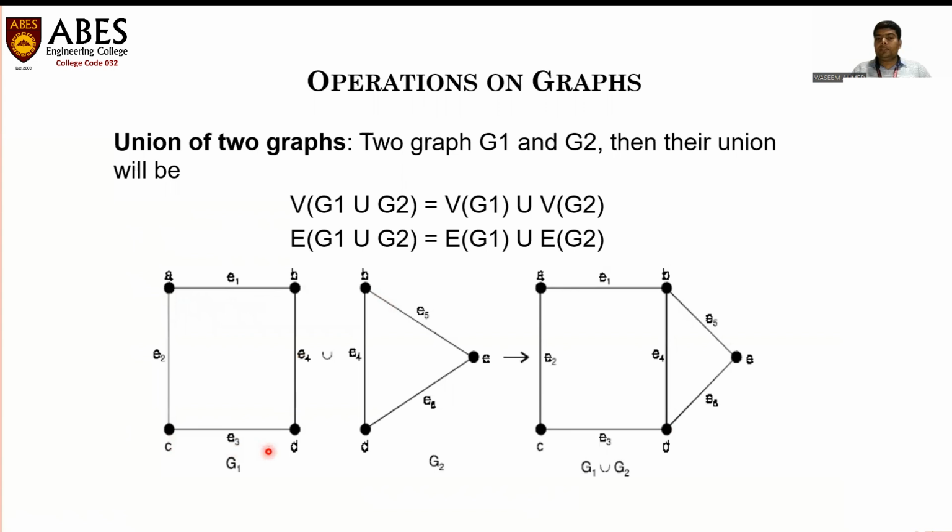A, B, C, D are there, and here we also have A, B, D, and E. So the union of the vertices is A, B, C, D, and E. For the edges, we have E1, E2, E3, E4, and here also E4, E5, and E6. We take all the edges, because the edges are also a union of these two graphs. So this is the union of two graphs.